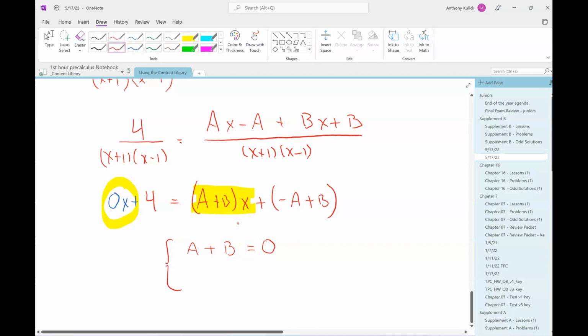The coefficient for x on the right-hand side should equal the coefficient for x on the left-hand side. Everybody good with that? Similarly, the constants on the right-hand side, negative a plus b, should equal the constant on the left-hand side, 4. There's my system.